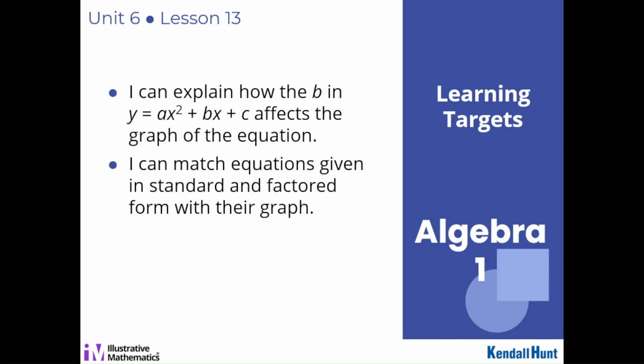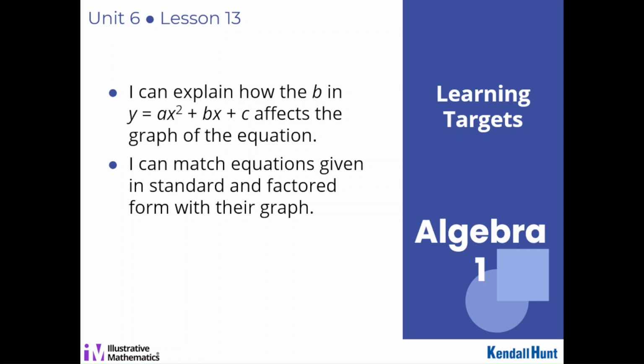Looking back at our learning targets for this lesson, learning target number 1 says I can explain how the b in y equals ax squared plus bx plus c affects the graph of the equation.